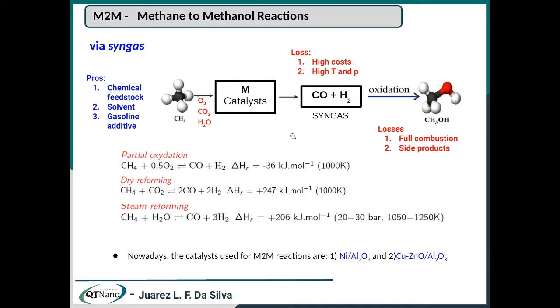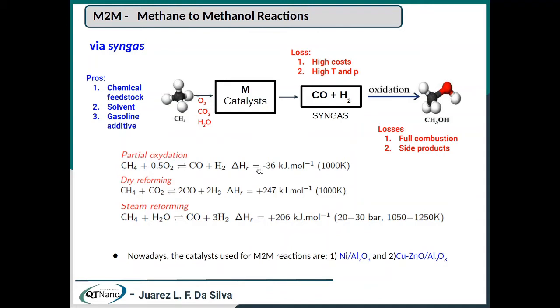Then, in a second step, the syngas is converted to methanol over different catalysts. Nowadays, it uses especially nickel over aluminum in the first step, and in the second step a copper and zinc catalyst.